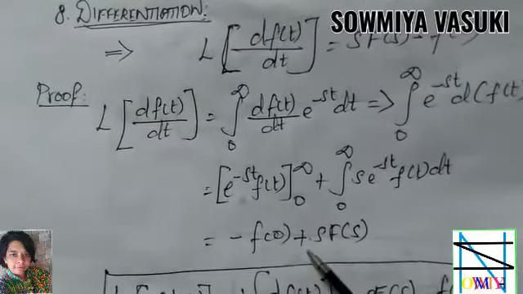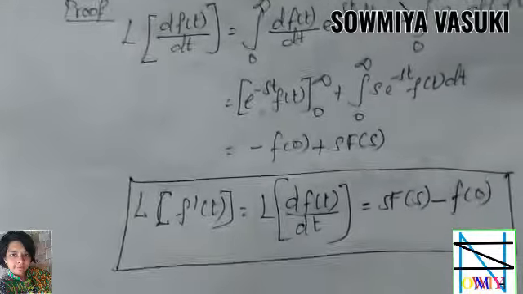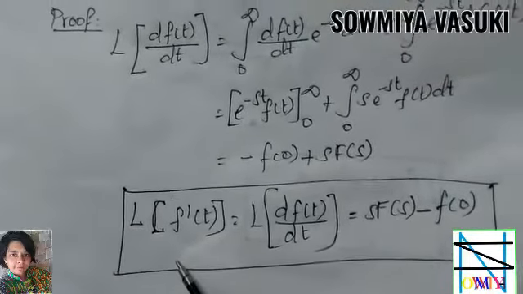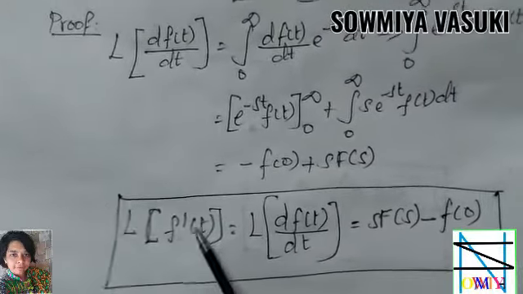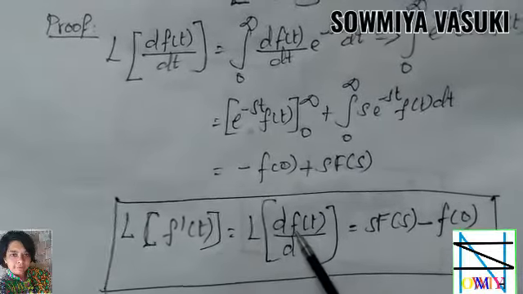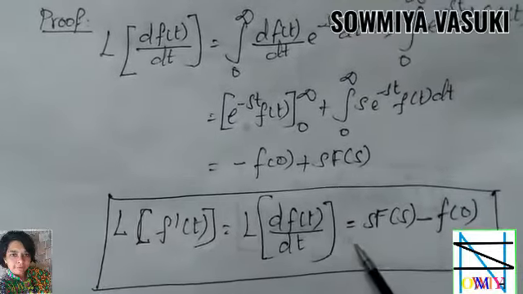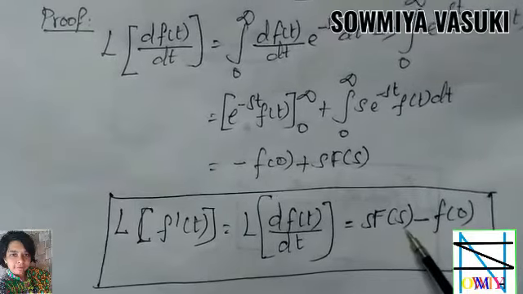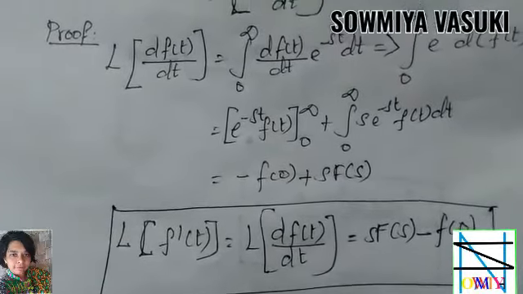So minus f(0) plus s F(s). So differentiation: L of f'(t) is equal to L of df(t)/dt, is equal to s F(s) minus f(0).